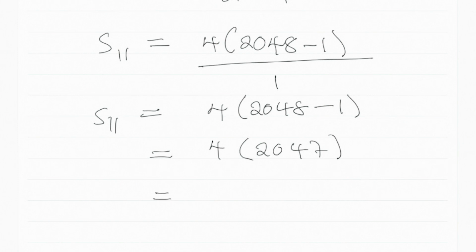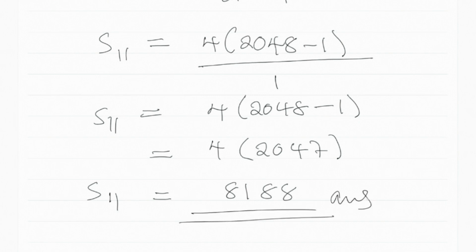And when you multiply 4 by 2047, you are going to obtain 8188. So the sum of the first 11 terms will be 8188. There you go.